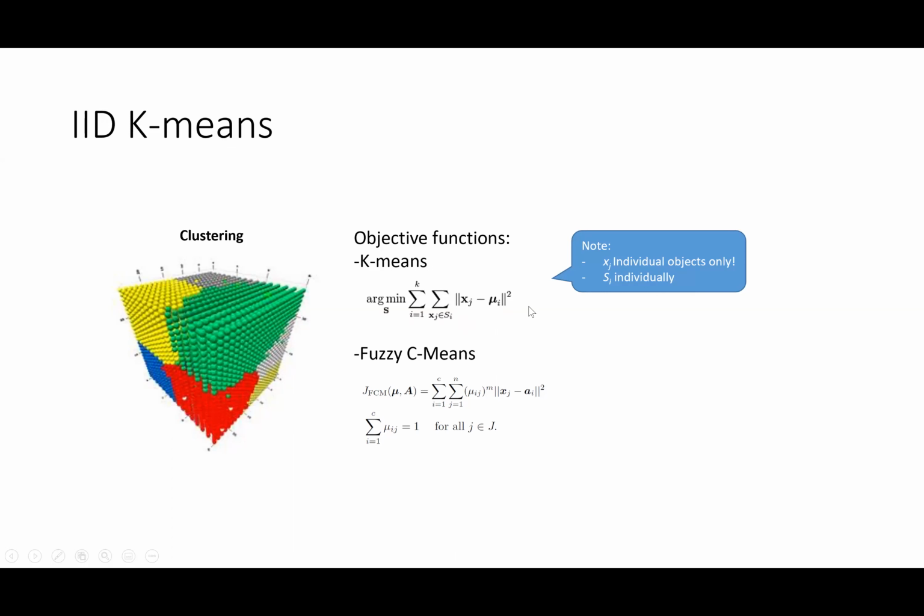If xj1 and xj2 are dependent, for example, a green point and a yellow point here are dependent, how can we still use this objective function?